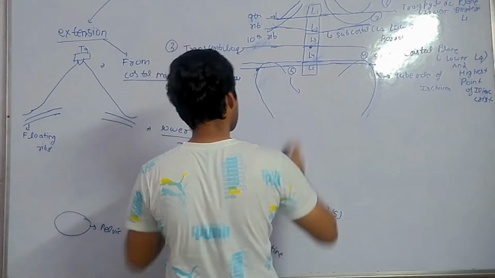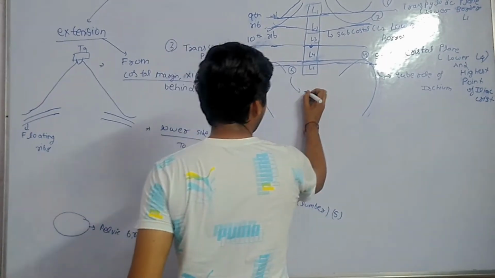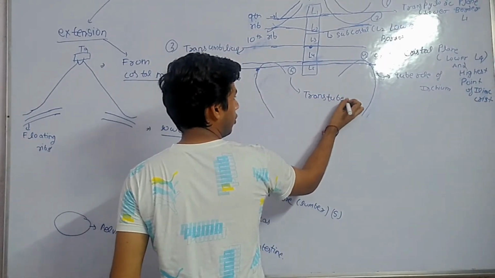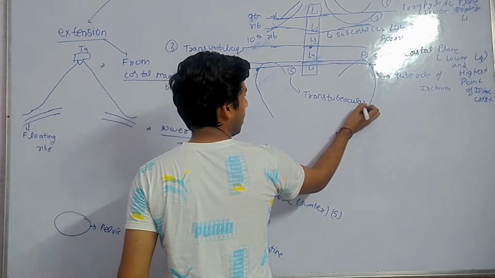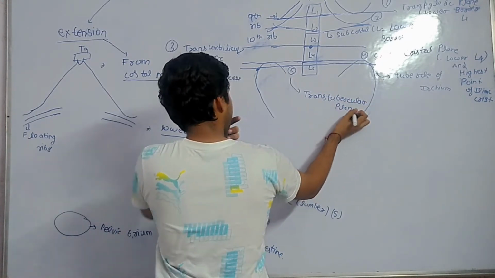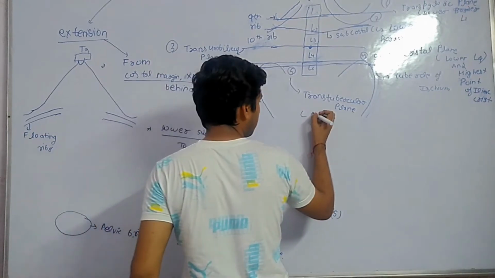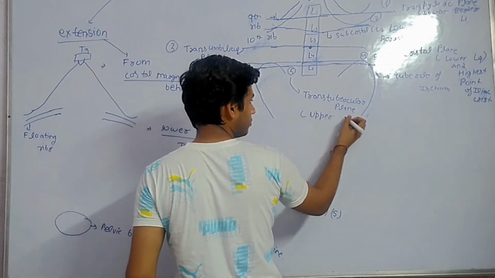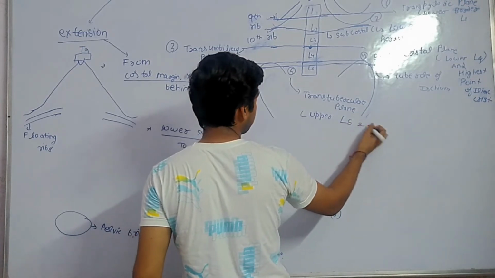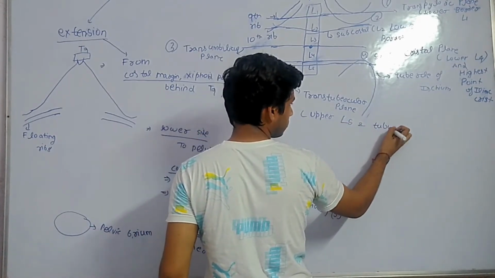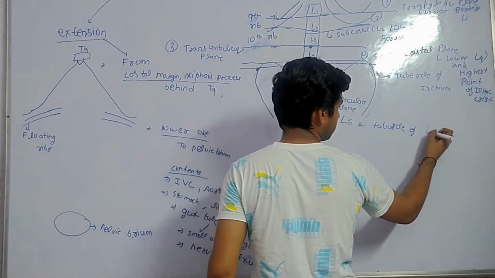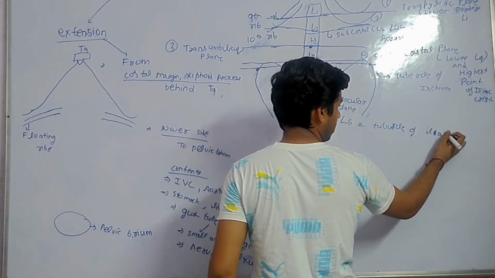This plane is called transtubercular plane. Upper part of L5, upper L5 and tubercle of iliac crest.